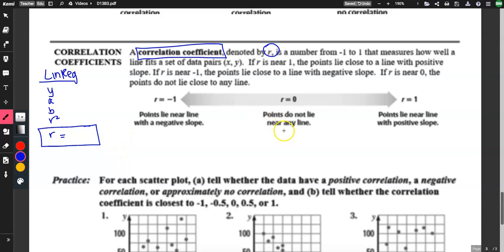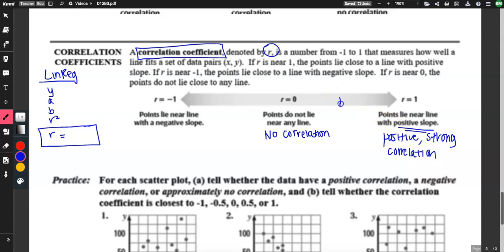So if r is equal to 0, which it's usually not, but if it's equal to 0, that means there's no correlation. As it gets closer to 1, it becomes a positive, strong correlation. It will never go above 1. 1 is the highest it can be.